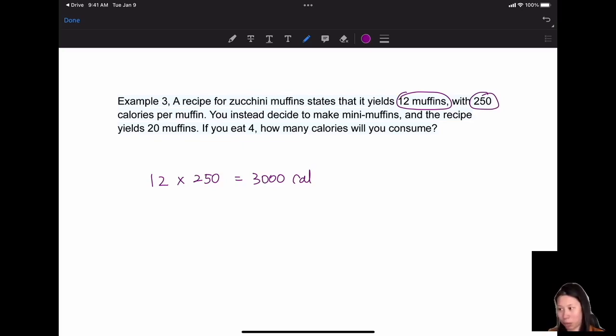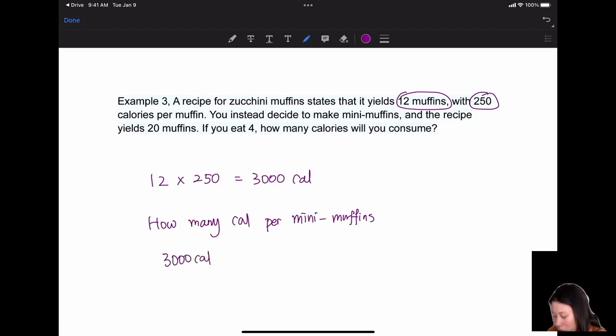So, okay. After that, you think about, hey, how many calories per mini muffin? Because you make it mini muffin now. Okay. So you totally have 20 muffins and your total calorie is 3,000. So I use 3,000 calories divided by 20 muffins.